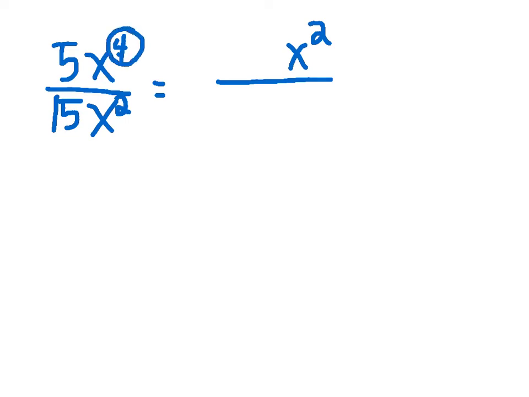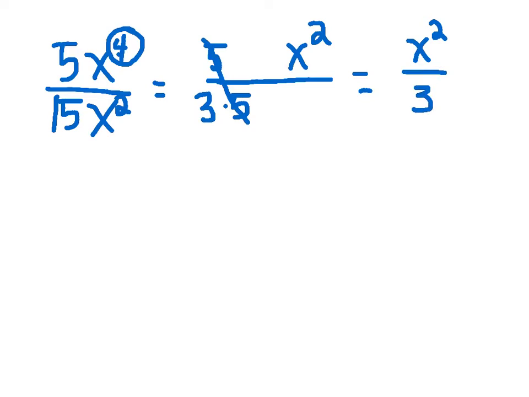Also, I know that 5 is a prime number, and 15 is 3 times 5, so those 5s cancel out. And my answer is x to the second over 3.